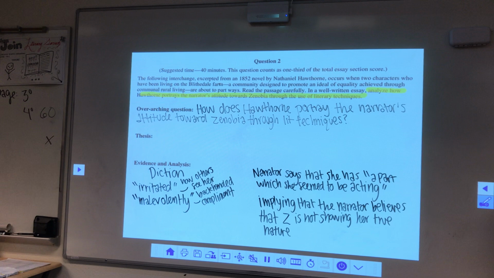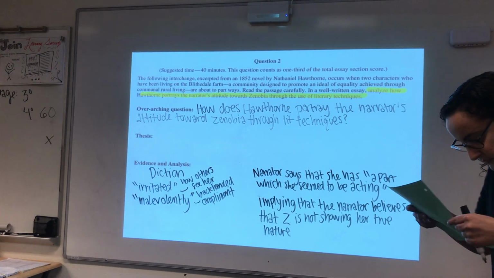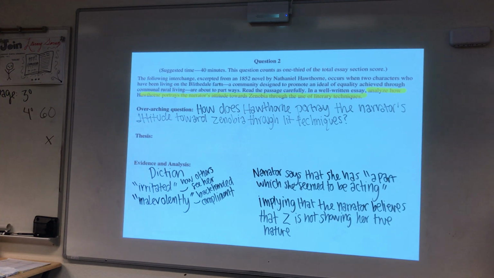I was going to say this for diction, but now that we have that, I think it will work as evidence. It's around line 18: "I acknowledge a bitter sense of shame to perceive in myself a positive effort to bear up against the effect which Zenobia sought to impose on me."